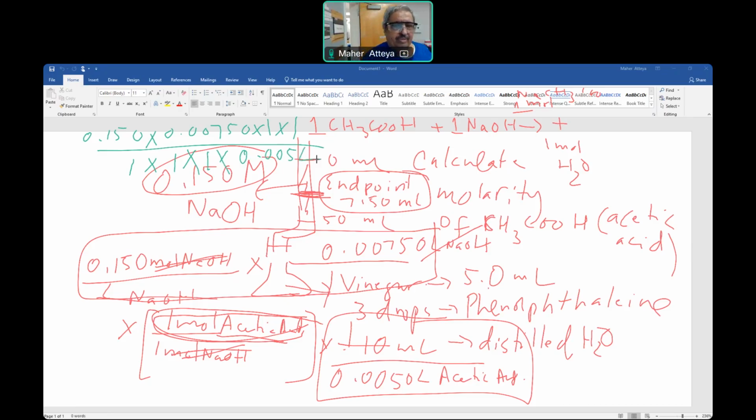Okay, guys? And the moles come from here, 1 mole acetic acid to 1 mole sodium hydroxide. So this way we can calculate the molarity of vinegar. You have to know how to calculate the molarity of vinegar.